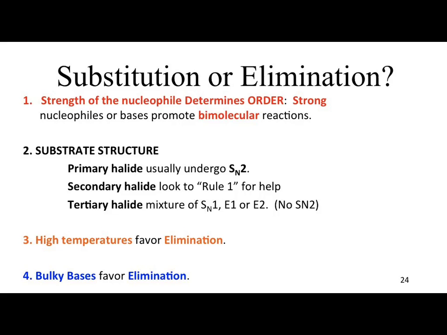If you don't have that help, that really sucks, because that means all mechanisms are possible: SN1, SN2, E1, E2. That secondary substrate has all sorts of possible mechanistic types associated with it. If we move to the tertiary halide, we get a mixture of your eliminations and your substitutions.